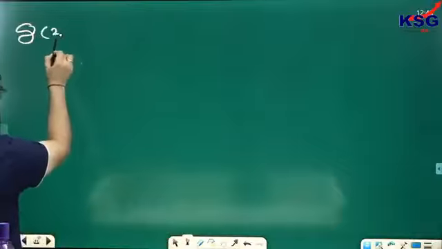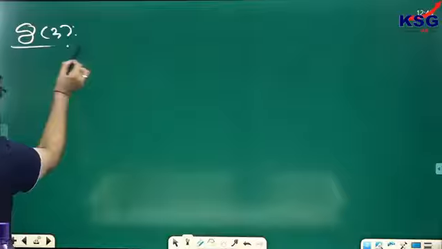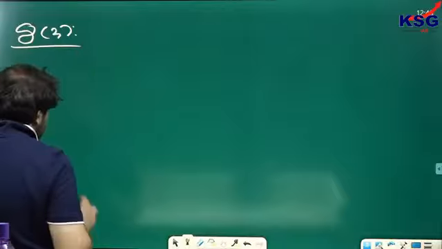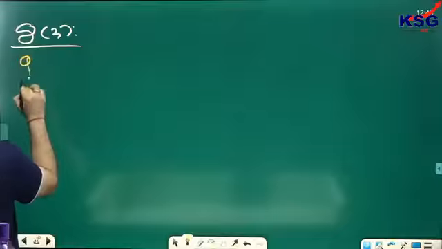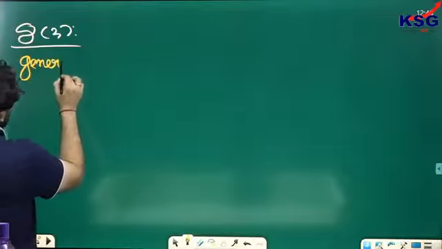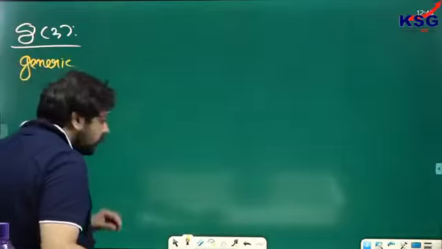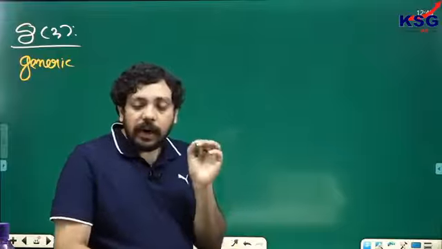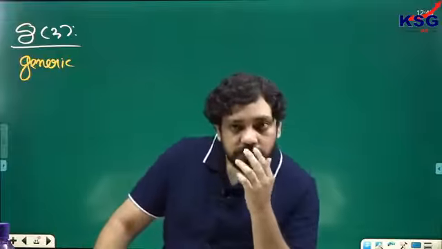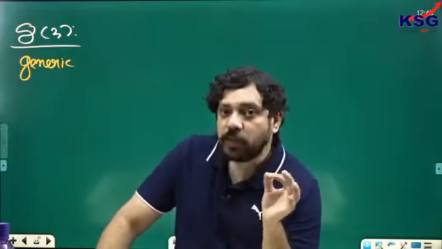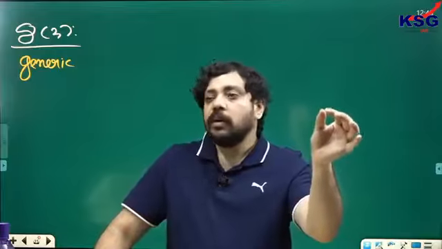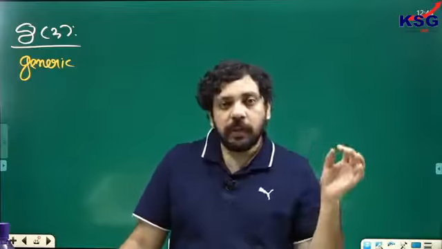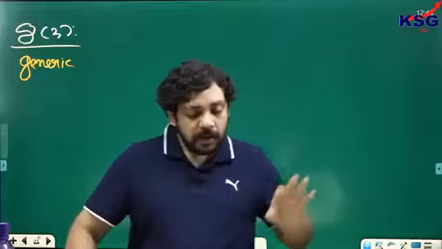If I'm talking about section 8 subsection 3, section 8 subsection 3 is a generic section. Please be mindful that with regard to section 8 subsection 2, we had given specific laws. If a person is convicted for having done those offences, that person will be disqualified. Section 8 subsection 3 gives a generic understanding.